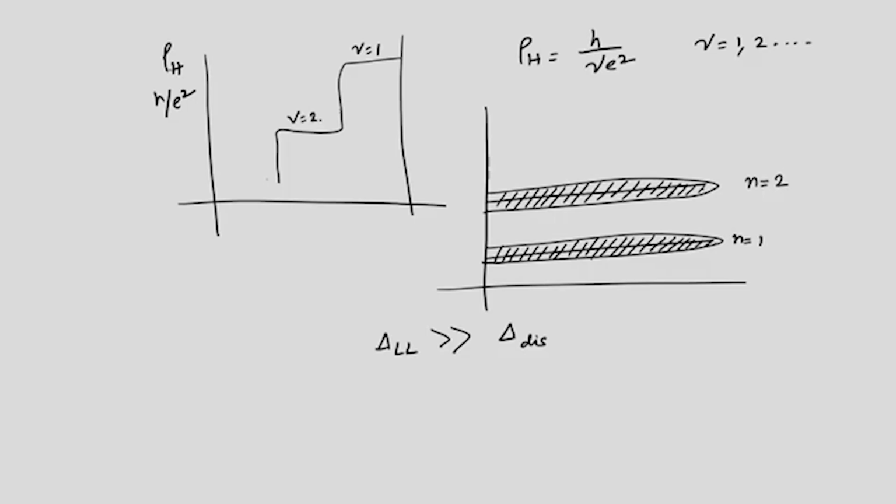And if you consider a larger value of the magnetic field, because you're sweeping the system as a function of the magnetic field, the Landau levels will be farther separated, because the distance is given by h-bar omega, which is eB over m. As you increase the magnetic field, this will keep increasing, and so on.